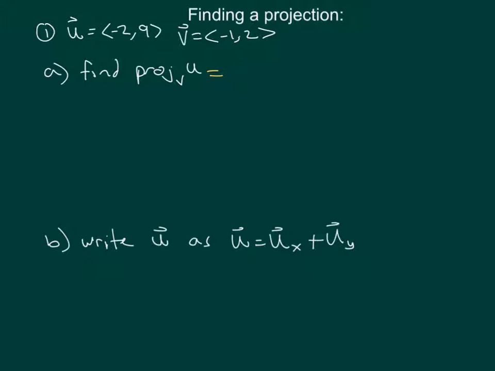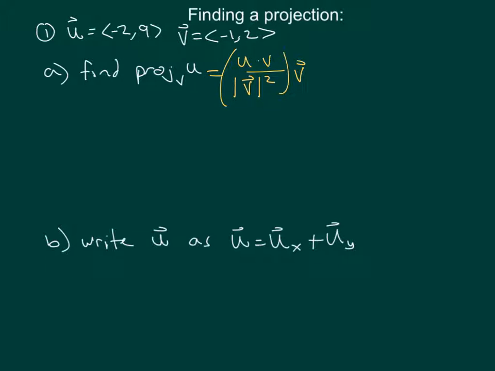So the projection is u dot v over the length of v squared, times v. And what I think can be helpful is to have a little picture here.